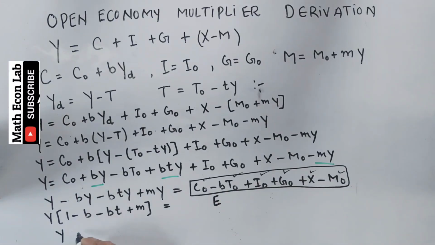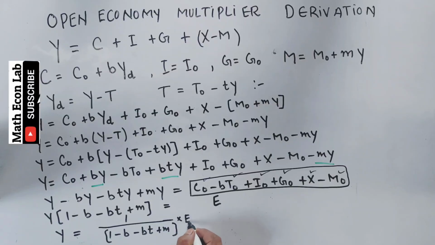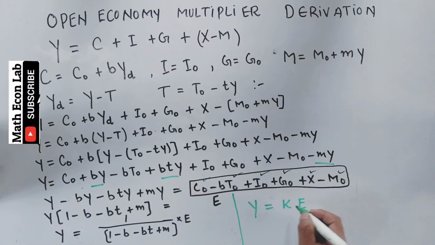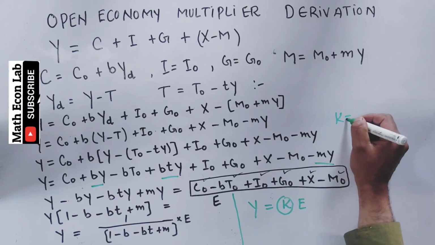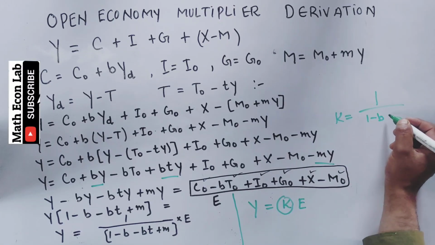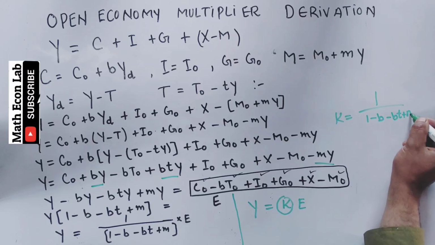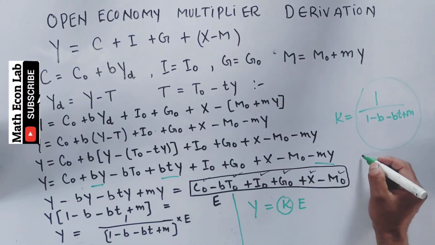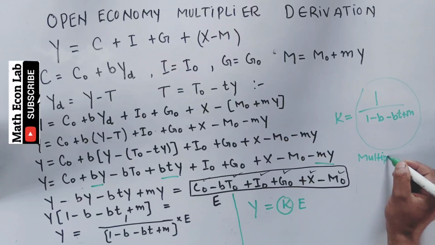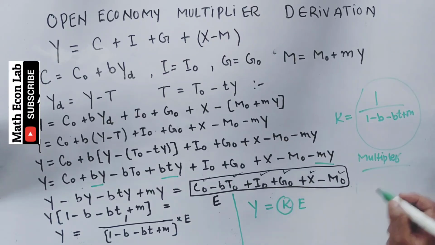Then we can write Y will be equal to, transposing this term, it will get divided, so we get 1 divided by 1 minus B minus Bt plus m, times E. Or we can write Y is equal to K times E, where K is equal to 1 divided by 1 minus B minus Bt plus m. This is what we call the multiplier here.